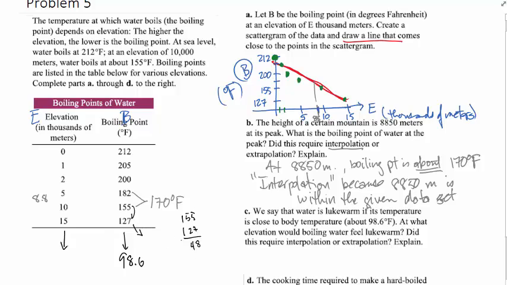So we can probably guess that another step of 5 over here, when this is 20, we can get down another 48, maybe a little bit less than that.